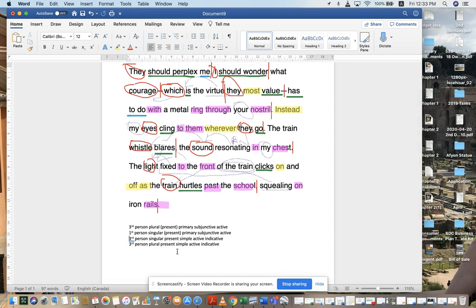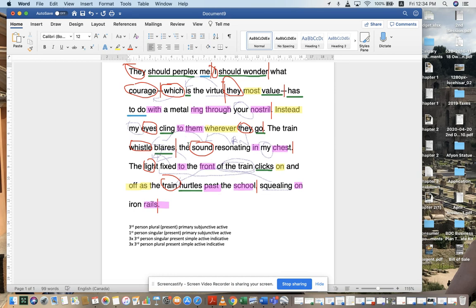Third person singular present. Instead, eyes cling. So the eyes cling right now. Here's another third person plural. Wherever, and then we got they go. So once again, third person plural. That's a third one. The train whistle blares. How many whistles? One. So there's third person singular.